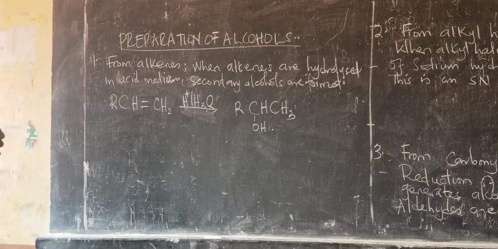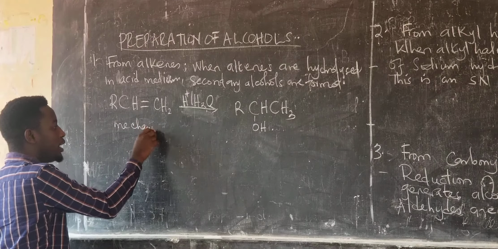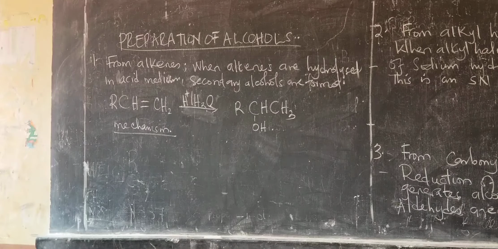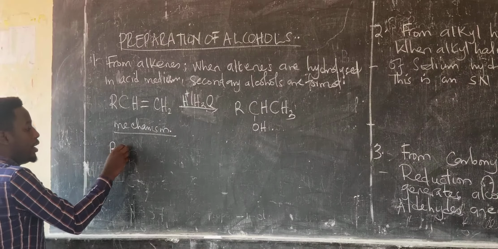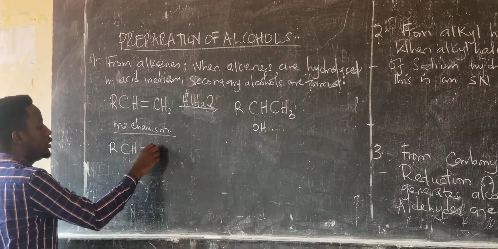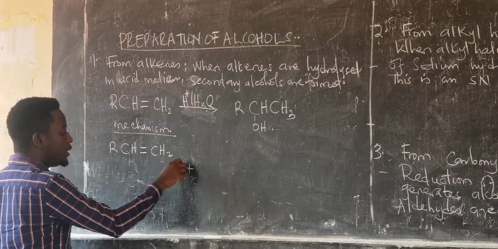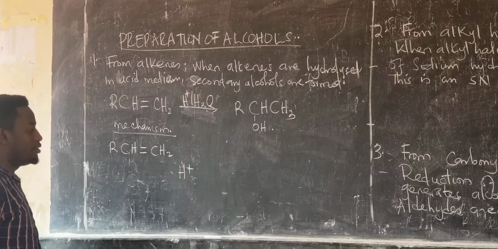And under the mechanism, we have already looked at these reactions, but I can just summarize the mechanism very fast, whereby we have RCH double bond CH2 being attacked by these hydrogen ions, probably from a sulfuric acid.